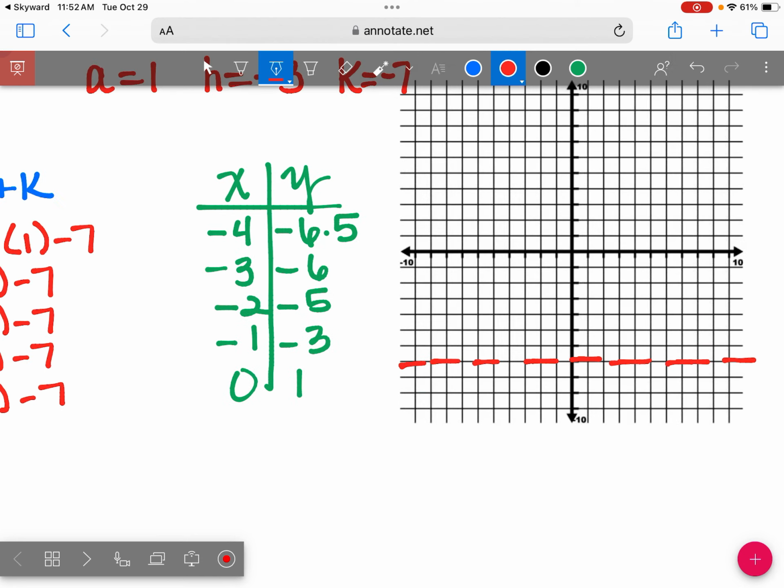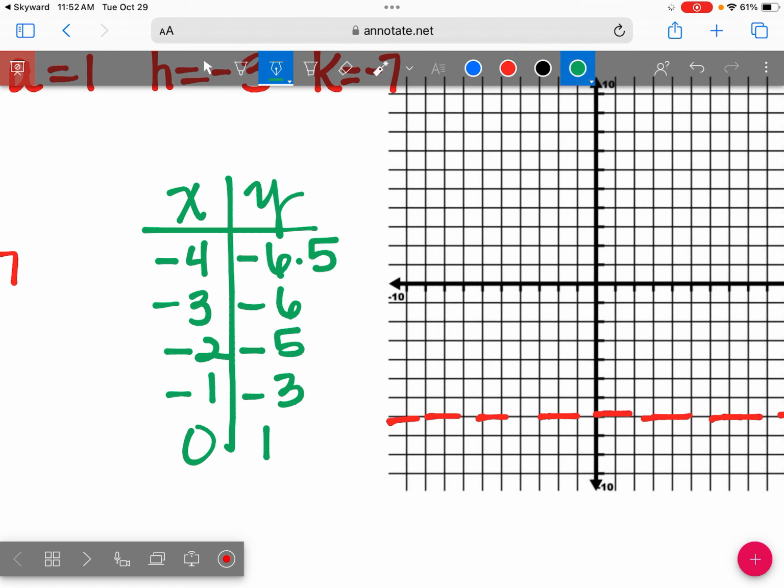Okay, so now I'm going to graph my points. Okay, so that is my graph.